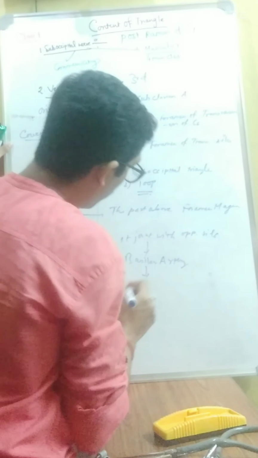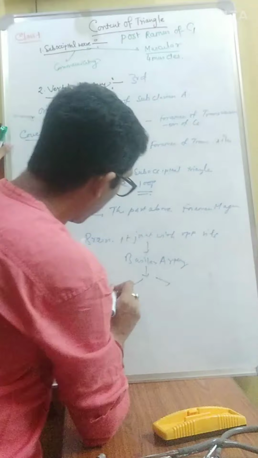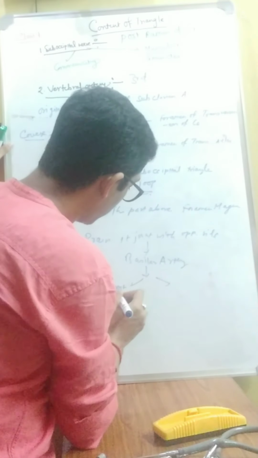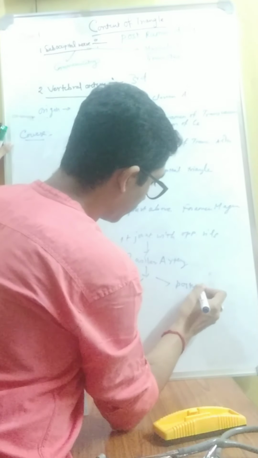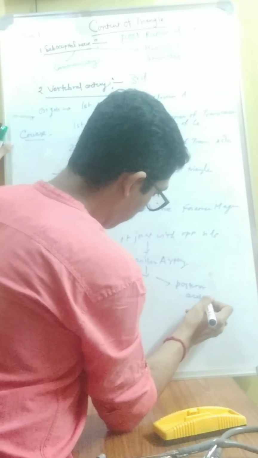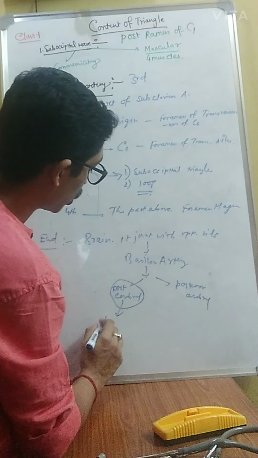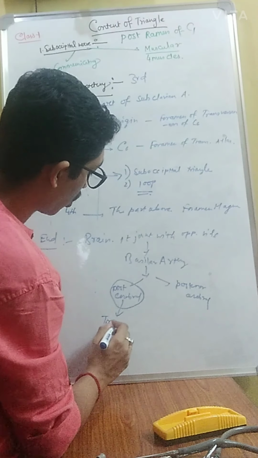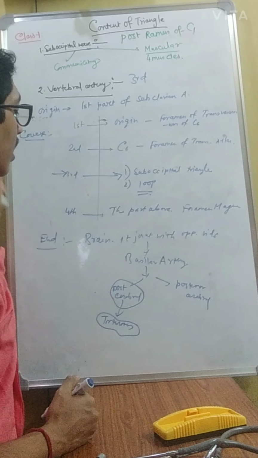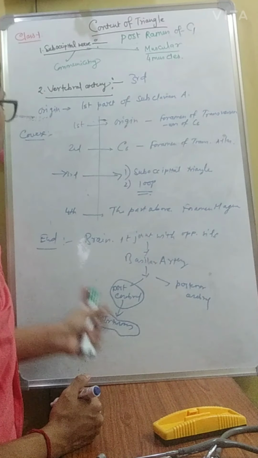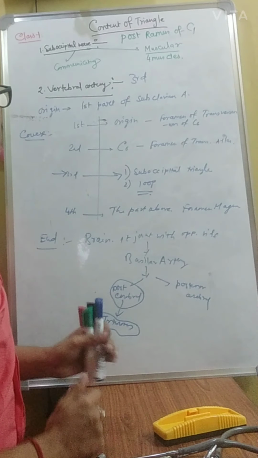If I proceed further, this basilar artery divides into two terminal branches, the posterior cerebral arteries. The posterior cerebral is the most tortuous artery of our body. So this is the ending of the vertebral artery.